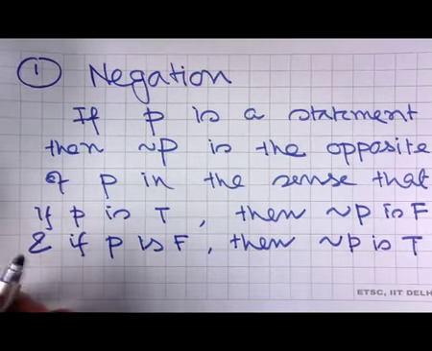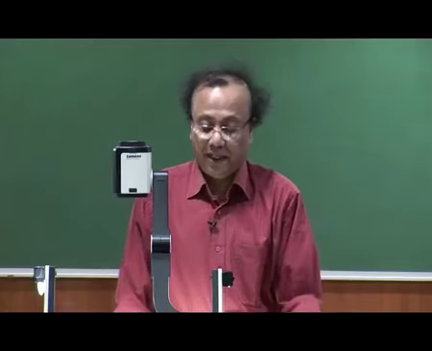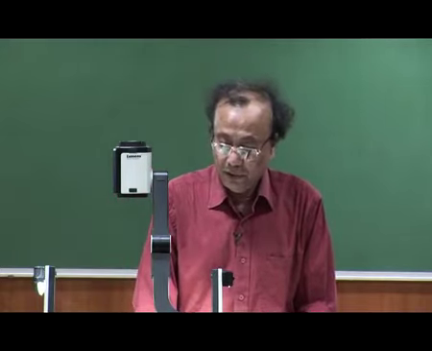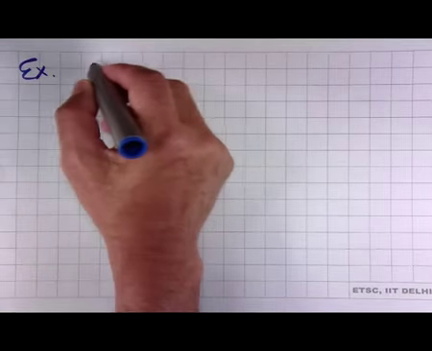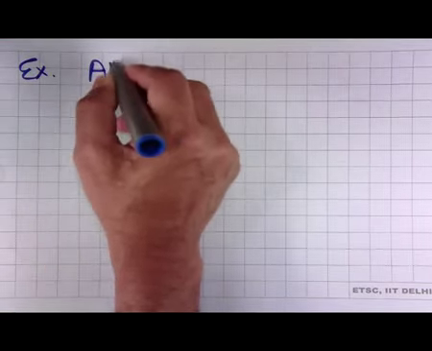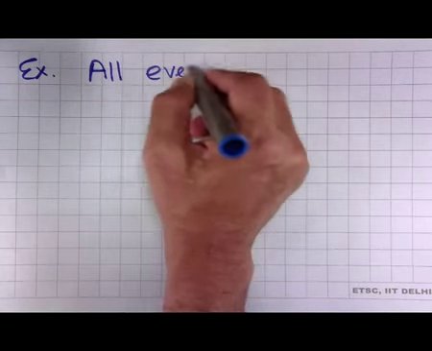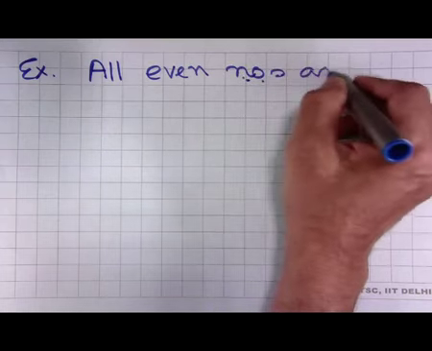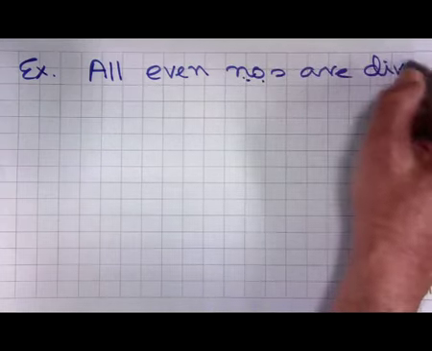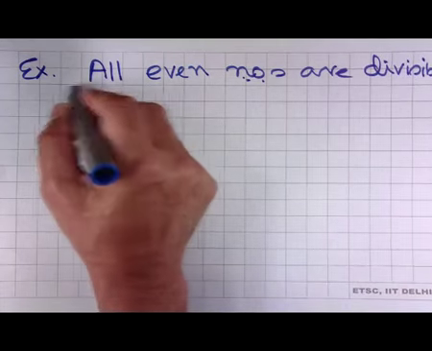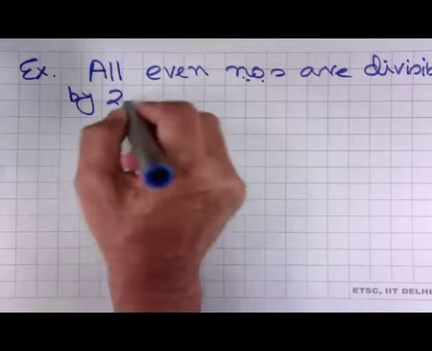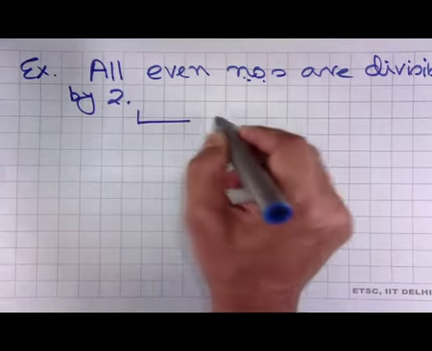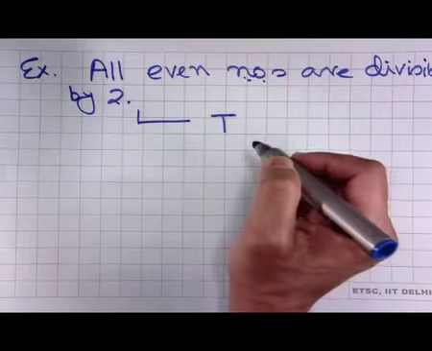And we have illustrated with several practical examples. For example, once more, all even numbers are divisible by 2. We know its truth value is true.